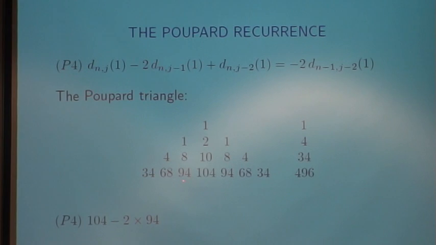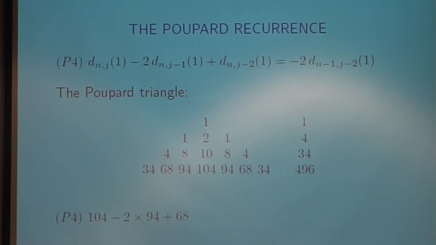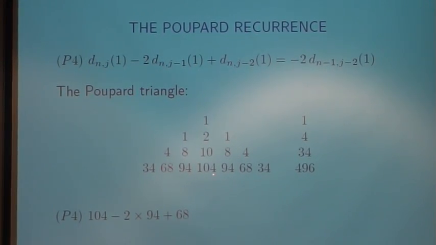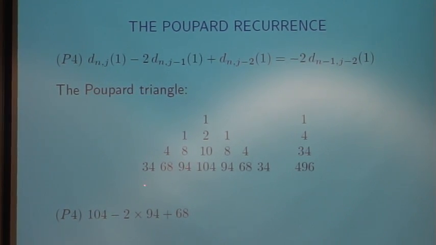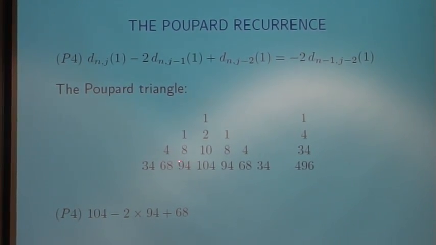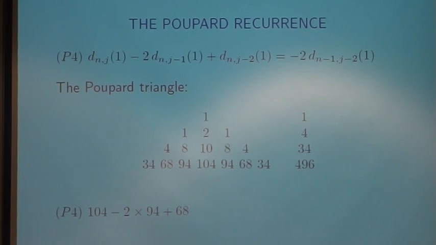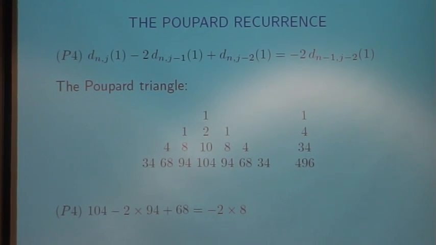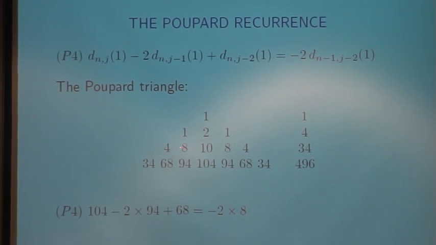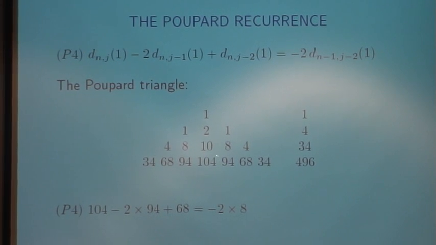Minus 294. Plus 68. So this one, minus twice this one on the left, plus this one is equal to this one. Okay, so we have a reconciliation for those everywhere.